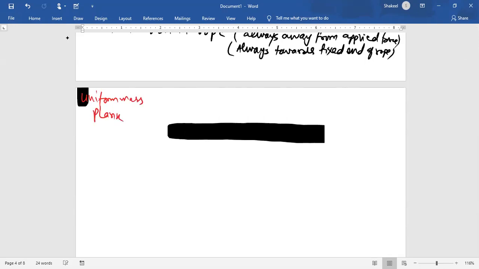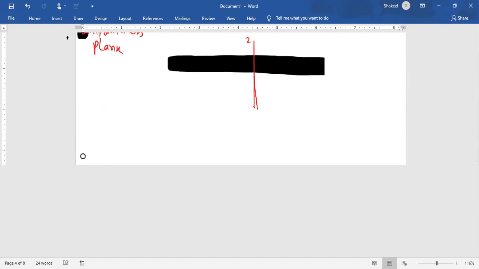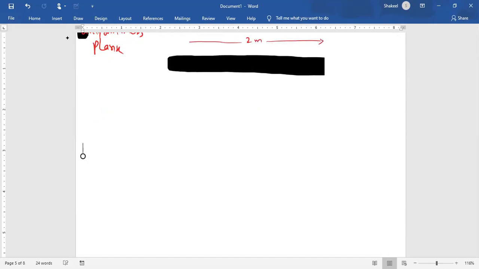Okay, if it is a uniform mass plank and its length is 2 meters, then its center of gravity point will be at 1 meter from both the ends. And from its center of gravity point, its weight will be acting in downward direction.